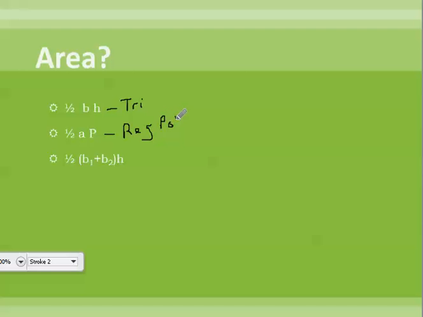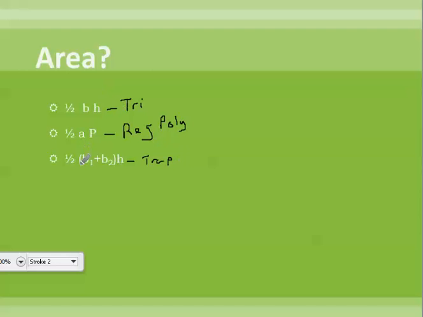And we typically use it with hexagons and pentagons and octagons and things like that. This one down here, what is this the area of? It's a trapezoid. So, some formulas that I thought you might ought to remember for area.